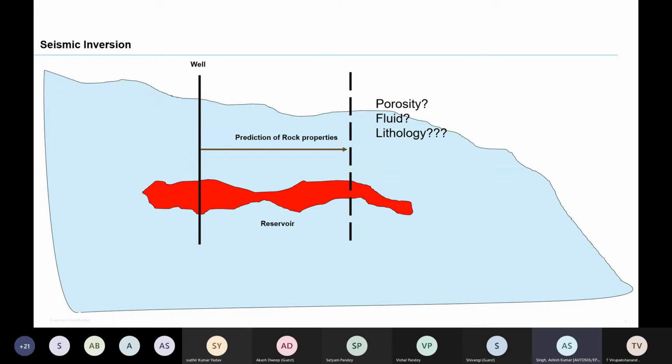We predict the porosity, lithology, and fluid saturation. According to that, we can plan the development wells from where we can extract the maximum output of oil and gas. Seismic inversion characterizes your whole reservoir in terms of porosity, permeability, fluid nature, impedance nature, everything.